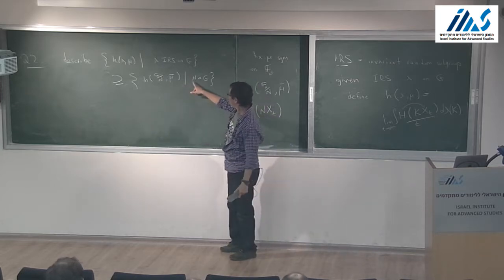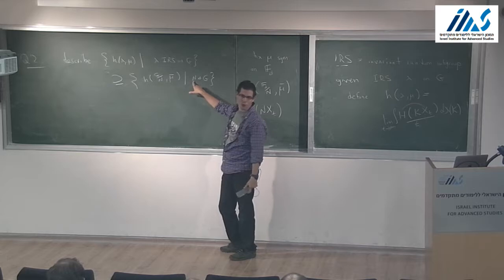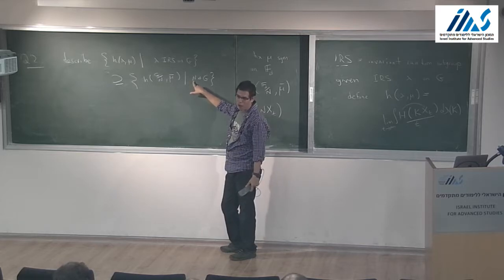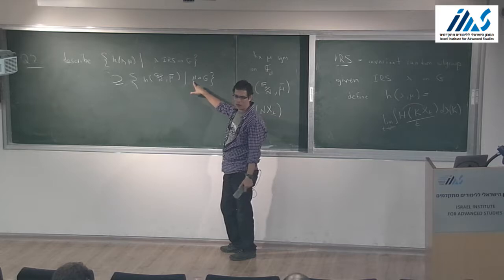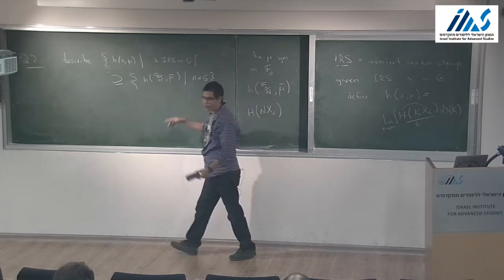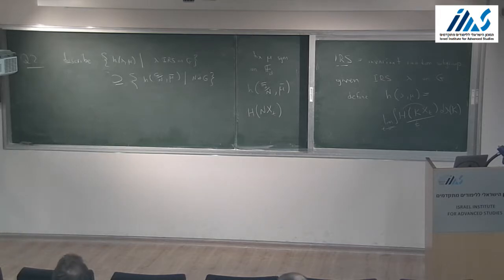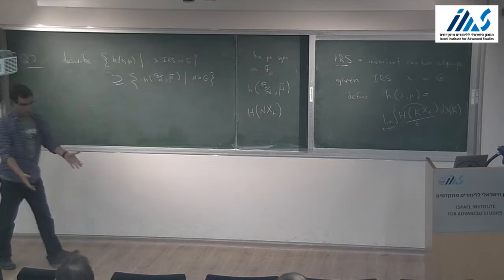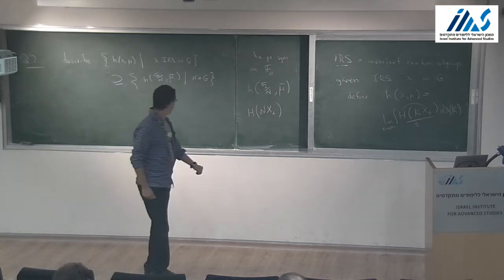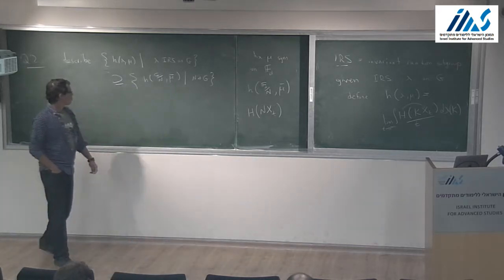Because a normal subgroup, if you take delta measure on it, if you take mass 1 on this normal subgroup, you get an example of an IRS. An IRS is a generalization of a normal subgroup. Because, of course, if you choose n with probability 1 and it's a normal subgroup, then its conjugation is still n, so you have the same law.